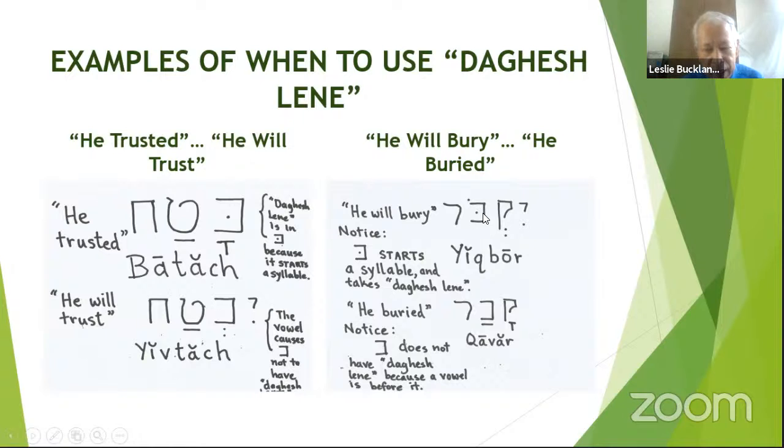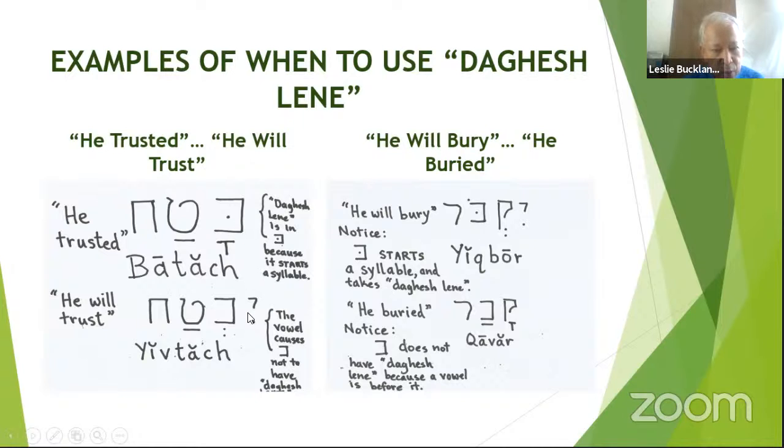And so at the very beginning of the second syllable, you have Beth. So it starts a syllable in the middle. So once that consonant that can take Dagesh Lenny starts a syllable, whether it's in the beginning of a word or in the middle of a word, then you can put the Dagesh Lenny in it.